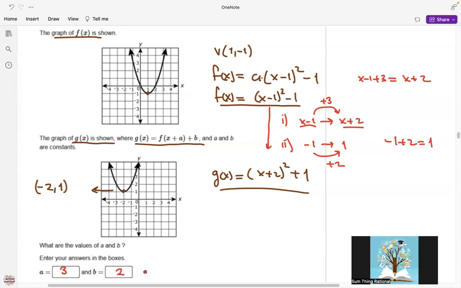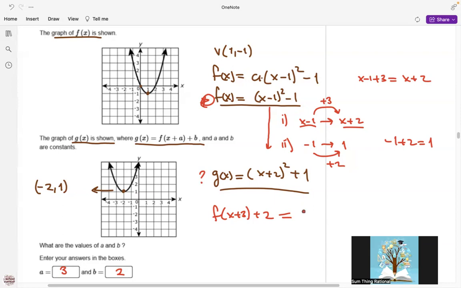Or, if I want to dive deeper, to obtain g of x, write f of x plus 3, plus 2. If I try to find this function from f of x, will I really get g of x or not? Let's ask ourselves.